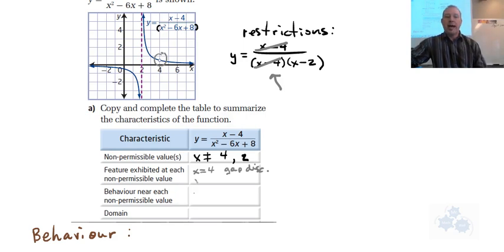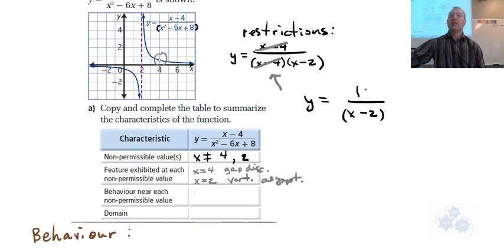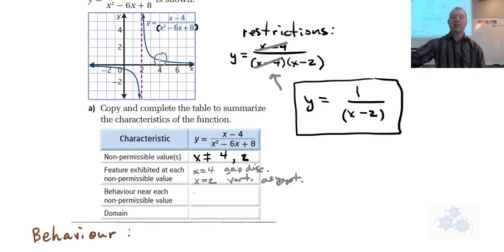At x equals 2, obviously from the graph, we have a vertical asymptote. That simply is because upon simplification, that x minus 2 factor is still there. If it's still there, then this graph really looks like this.